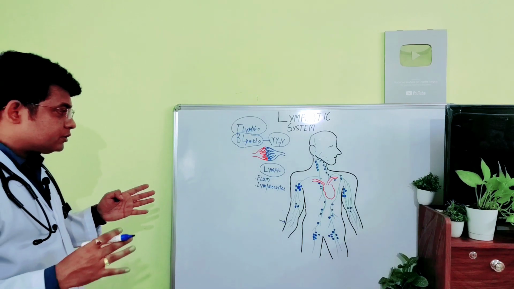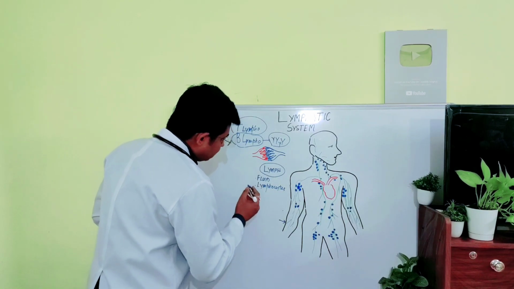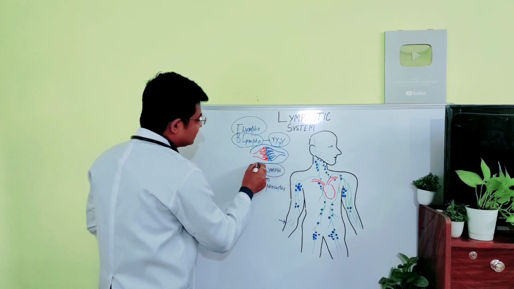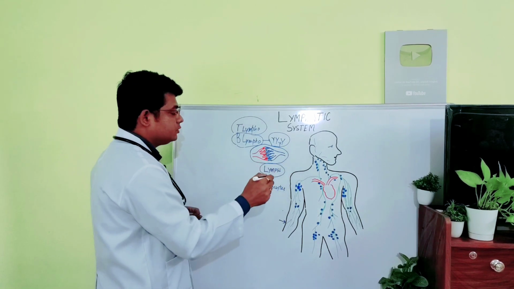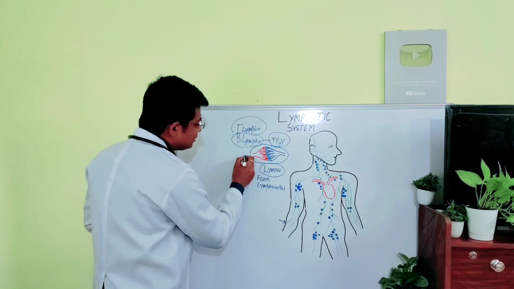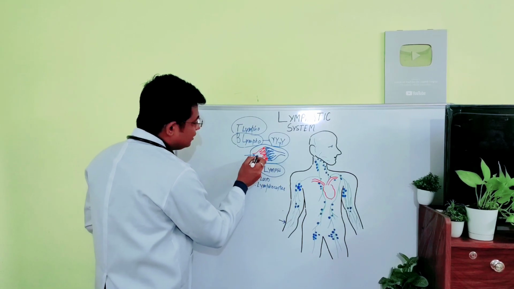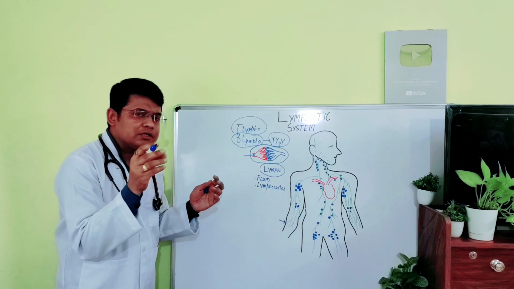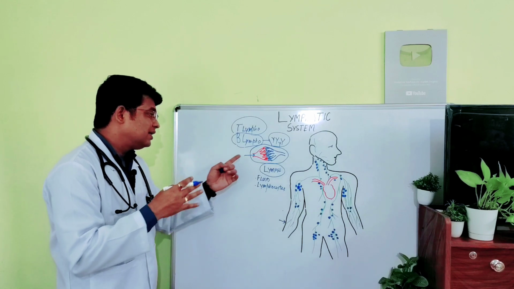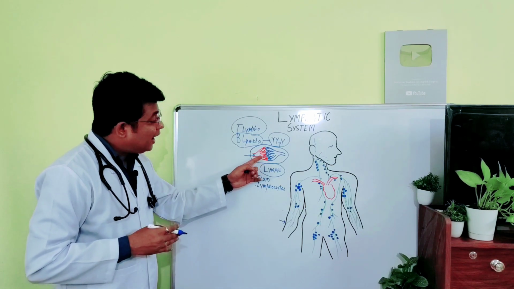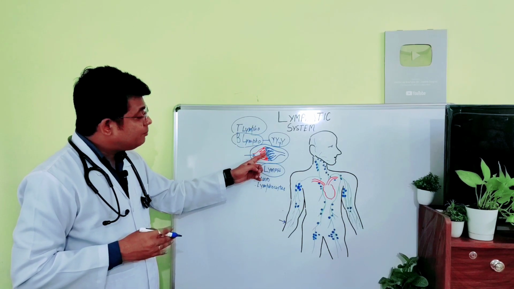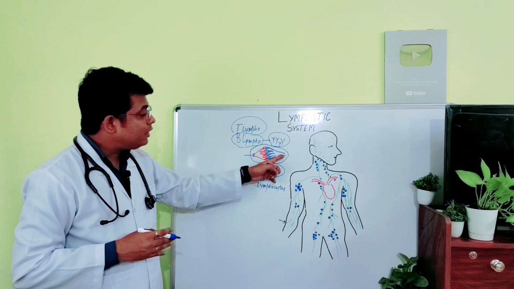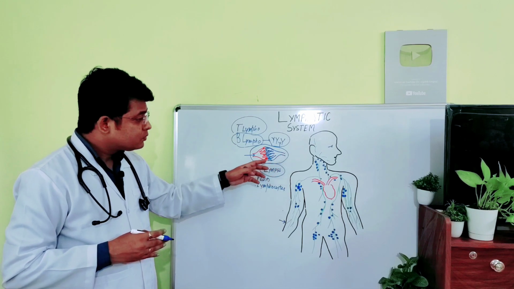Now what happens, this is the peripheral portion of the circulatory system, and this is called a capillary, where the arteries are divided into small branches, and again they divide into smaller branches. Those are known as arterioles, and finally they meet with the venules and they finally drain into the surrounding vein.